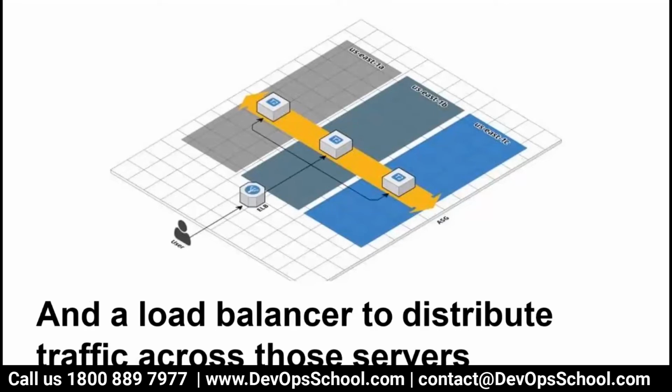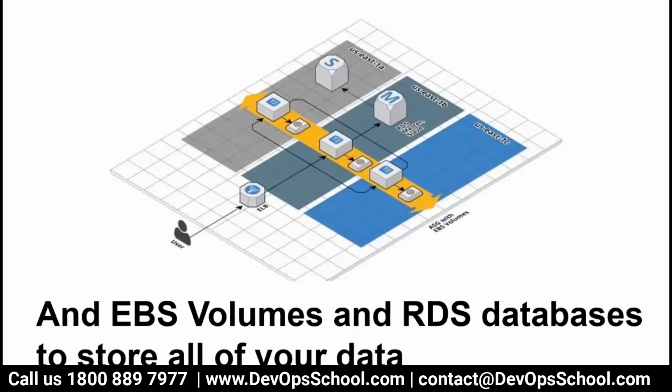Now you want to set up a load balancer, so you can distribute the traffic to all the servers equally. Then you decided to add storage, block storage, and then you may also want to add databases. So you did this.